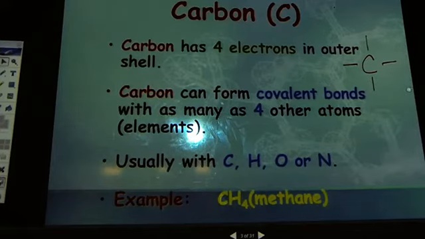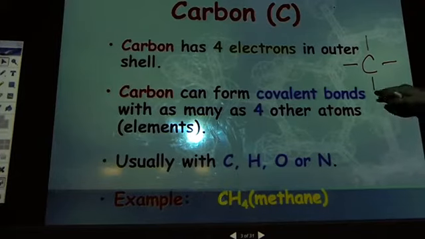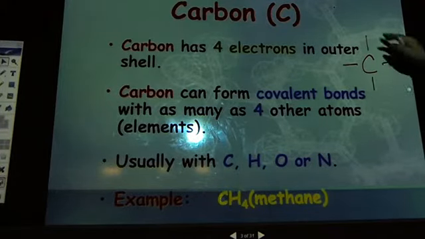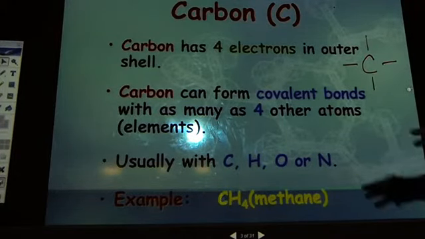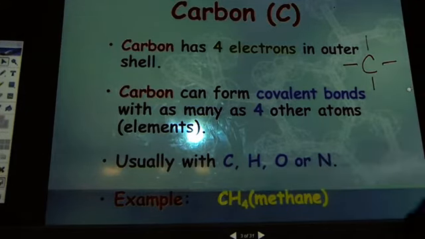Could it attach to 3 atoms? Yes. How about 2? Yes. It'd be really difficult to just attach itself to 1. But the most it can do is 4. Each one of these little lines means that it can bond with something. Usually it's bonding to another carbon, hydrogen, oxygen, or nitrogen, or CHON.